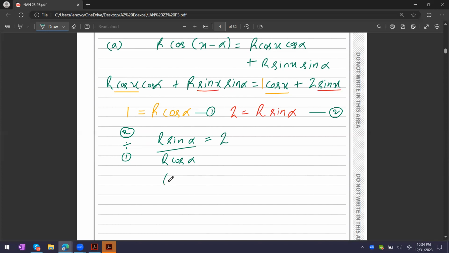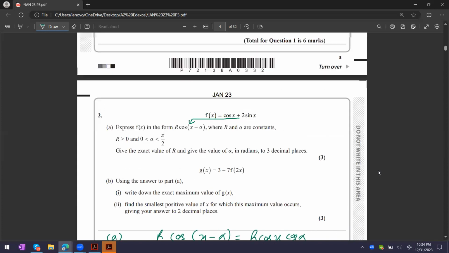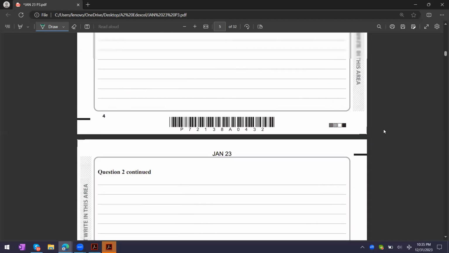That means tangent of alpha is equal to 2. So alpha is equal to, the angle we have now, 1.107. This is up to 3 decimal places. They said find the angle alpha in 3 decimal places in radians. So make sure your calculator is in radian. Okay.